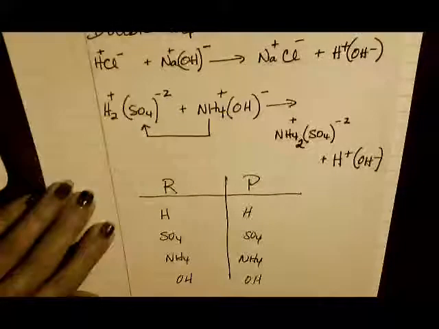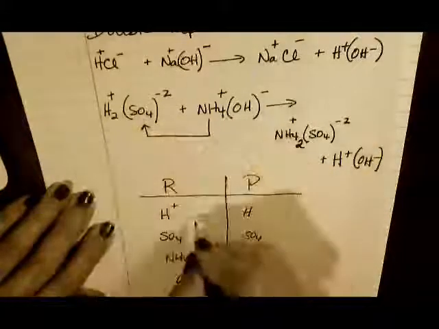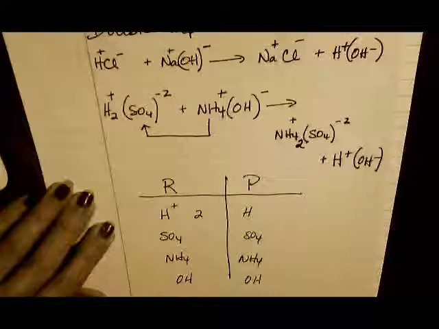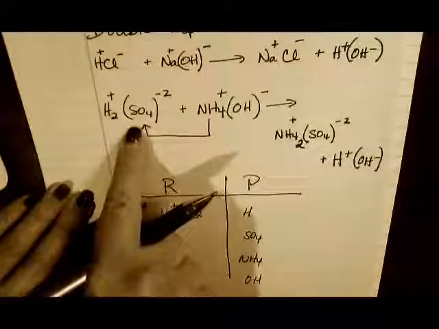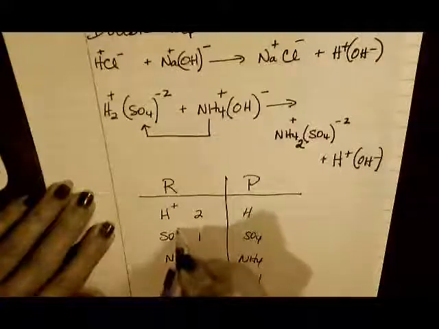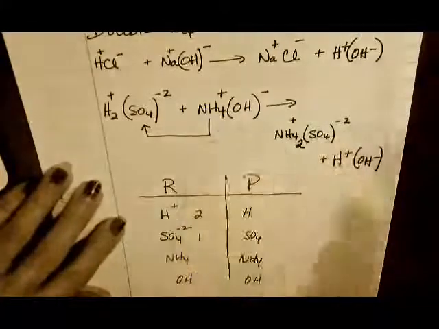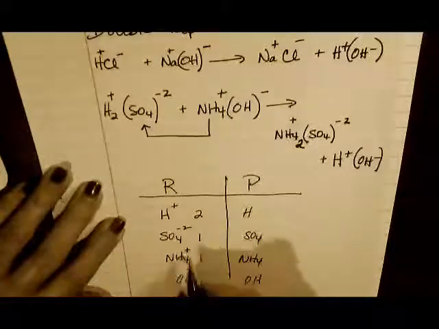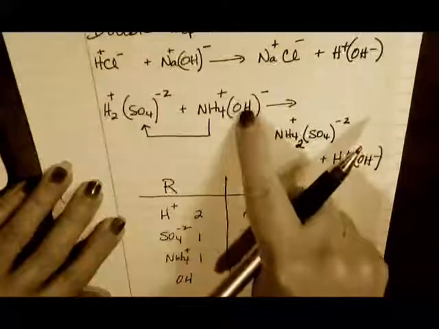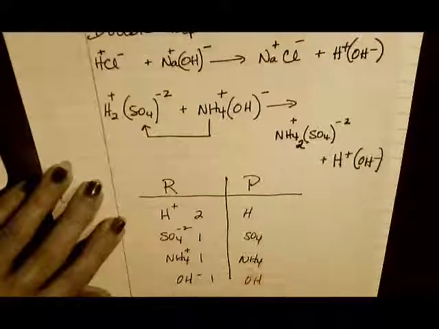How many H's do I have on this side? And these are ions. 2 moles. How many SO4s over here? 1 mole. Ammonium ions, 1 mole. Hydroxide ion, 1 mole.